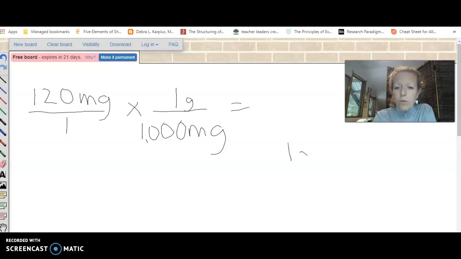So remember, 1 gram equals 1,000 milligrams. Okay, I know I want milligrams on the bottom because I want these units to be diagonal from each other because that's what I want to cancel out. And I just want to end up with grams, right?